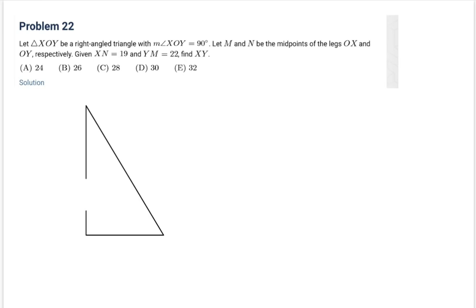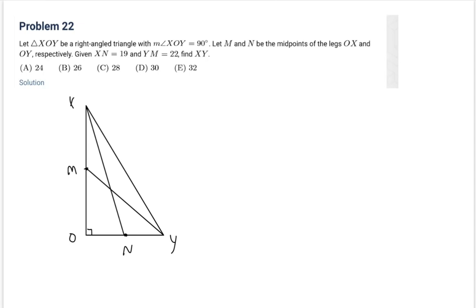So XOY would be 90 degrees. And let M and N be the midpoints of the legs OX and OY respectively. So this is M, this is N, given XN equals 19 and YM equals 22. So this would be 19, this will be 22. Okay, so find XY.